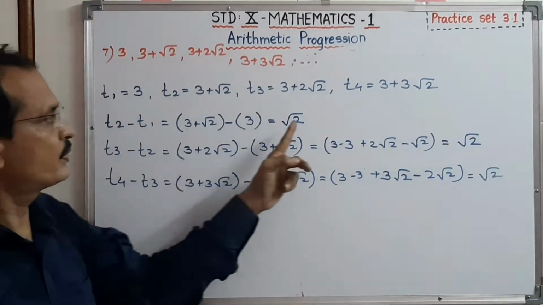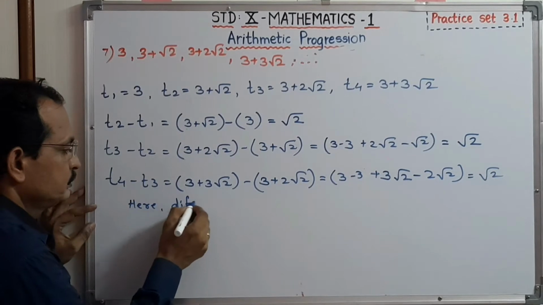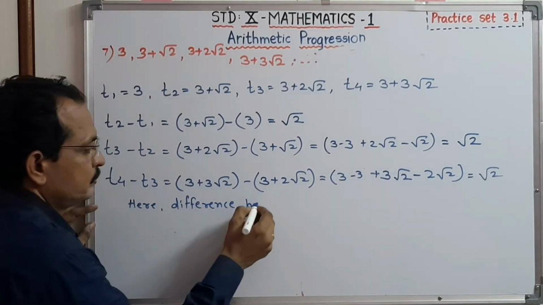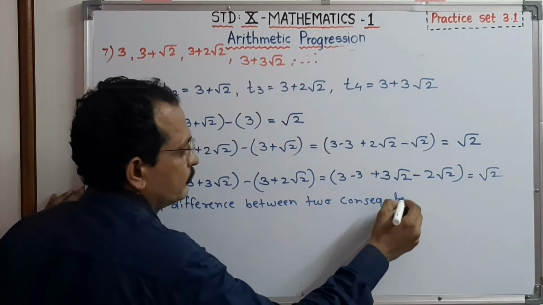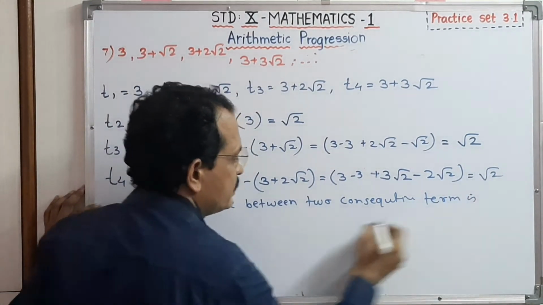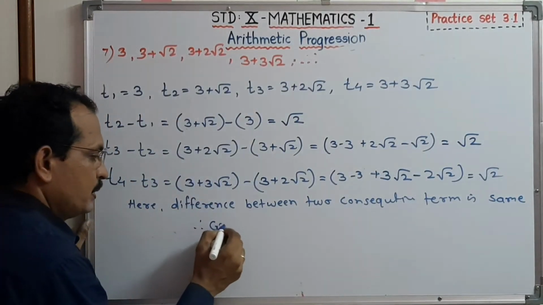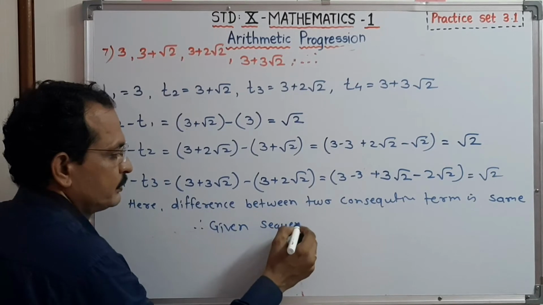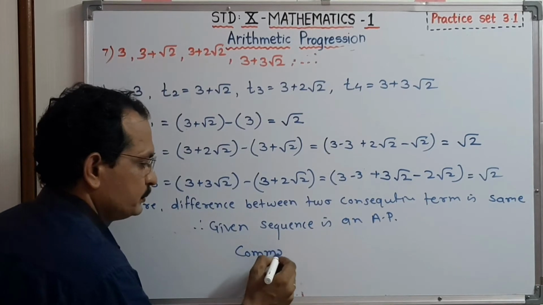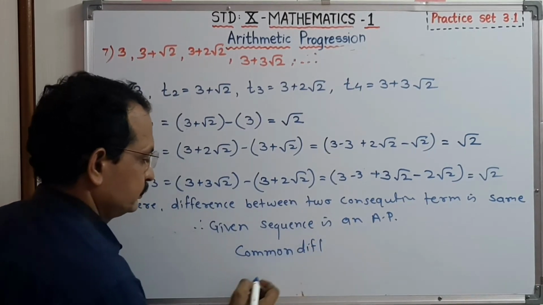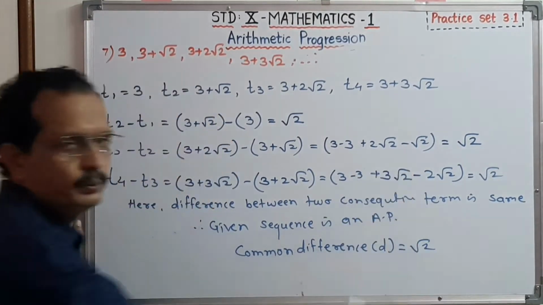Yes student, the difference between two consecutive terms here is the same or constant, therefore the given sequence is an AP. Common difference D is equal to root 2.